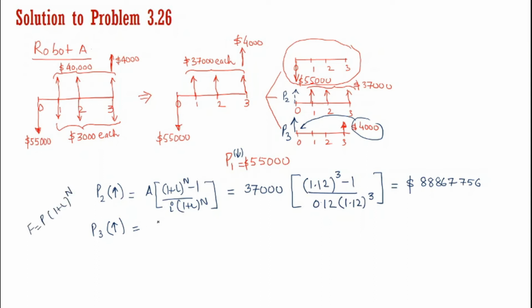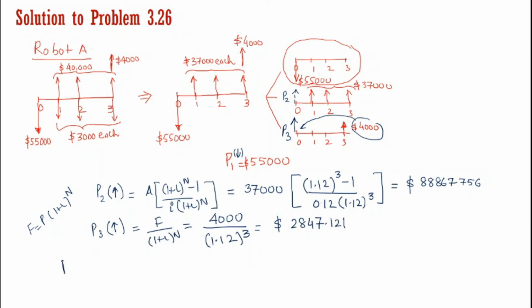So P will be F upon (1 plus i) to the power n. F is given as 4000 divided by 1.12 to the power 3. So this comes out to be $2847.121.